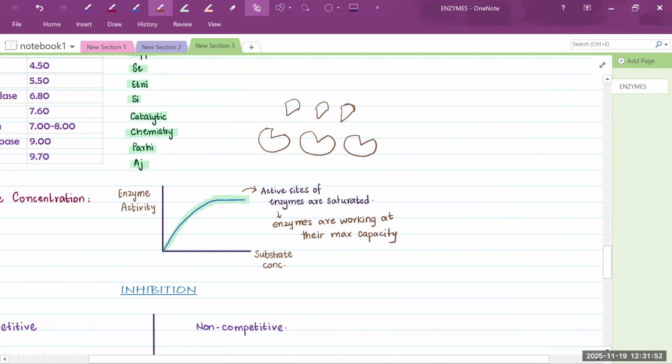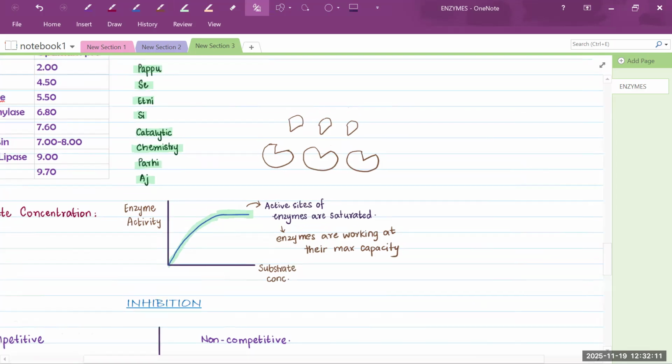So first of all, we had two substrates and three enzymes, right? So one active site is still left. If we increase the substrate concentration, that is, add one more substrate, then the activity of the enzyme will increase.